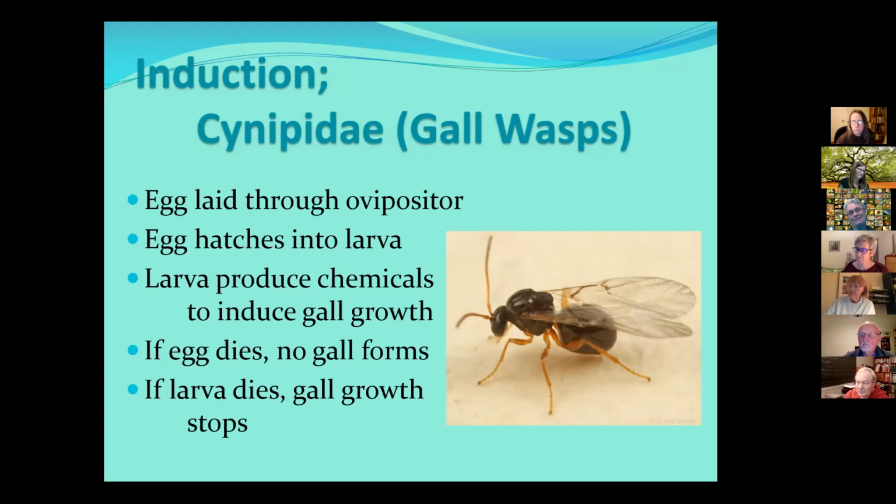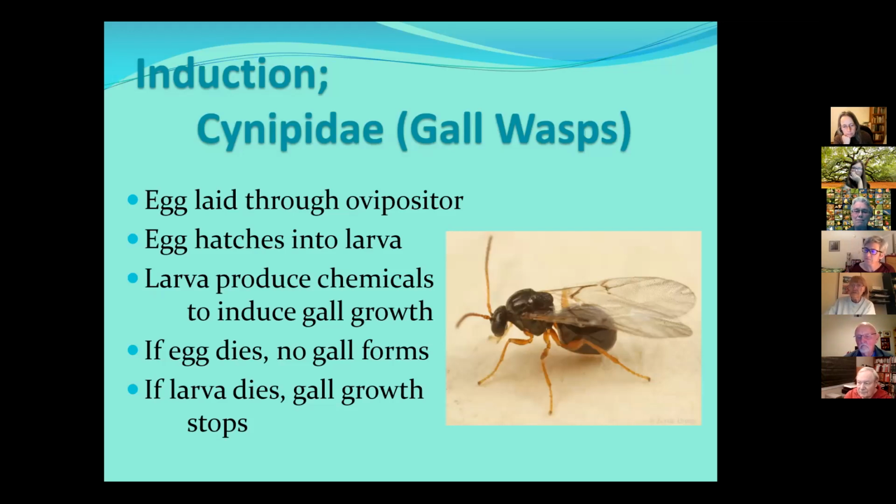I don't know that that's so sure, but whatever it is, the chemicals that induce gall growth are actually turning on plant genes, either through counterfeit plant hormones or by directly turning on the plant genes. So plants will form a certain kind of growth.